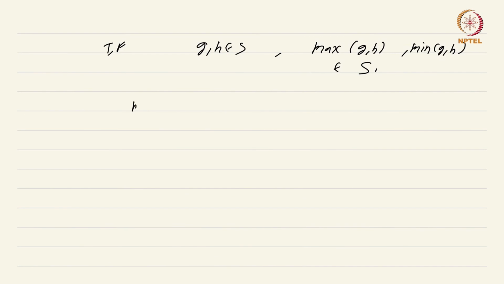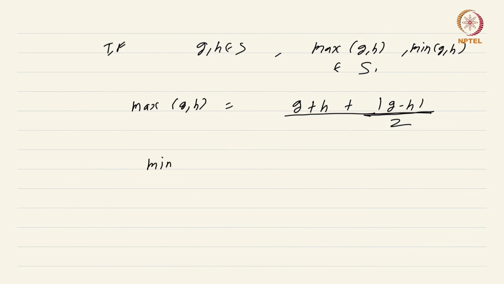First of all, observe that max of g, h is just (g plus h plus mod g minus h) divided by 2, and minimum of g, h is (g plus h minus mod g minus h), the whole thing divided by 2.